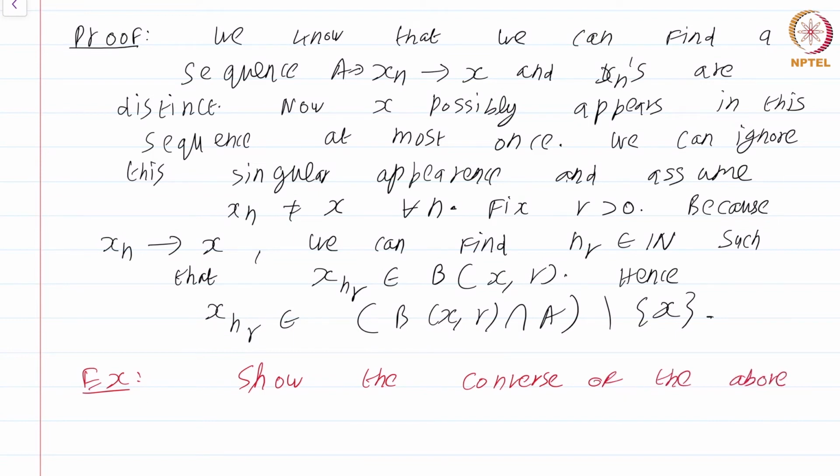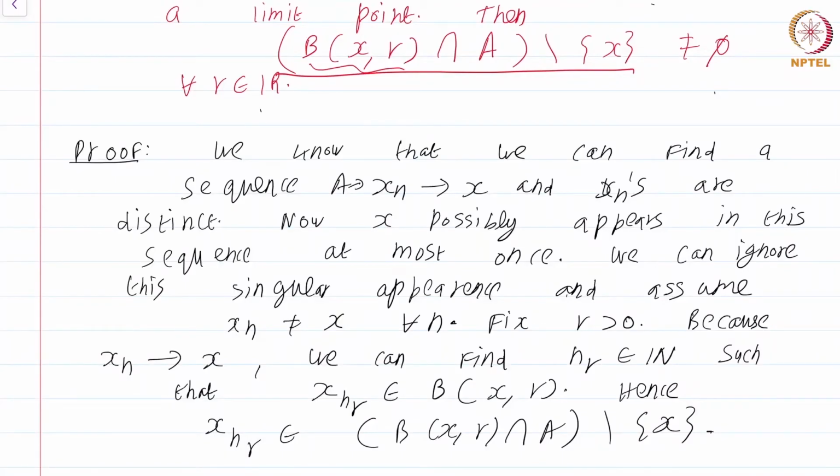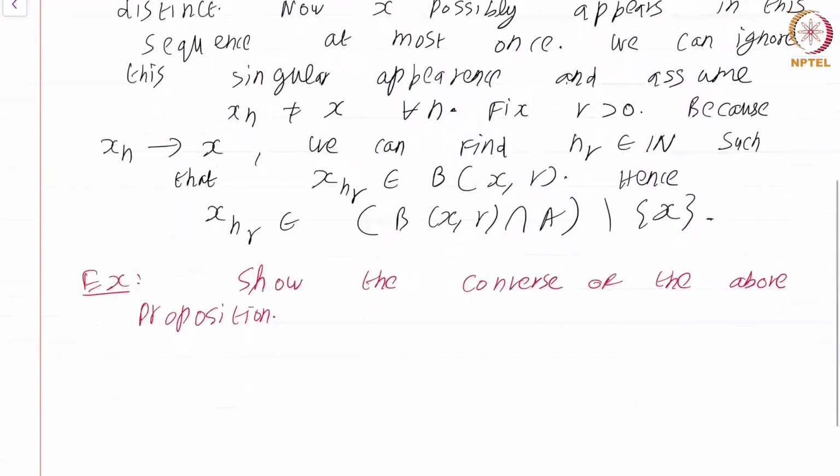The converse says that if for each r in R we can find a point in B(x, r) intersect A minus {x}, then x must be a limit point of the set A. Okay. Now, in some sense, limit points seem to be points for which terms in the set A get arbitrarily close to x, but not just terms in the set A, terms in the set A excluding this point.